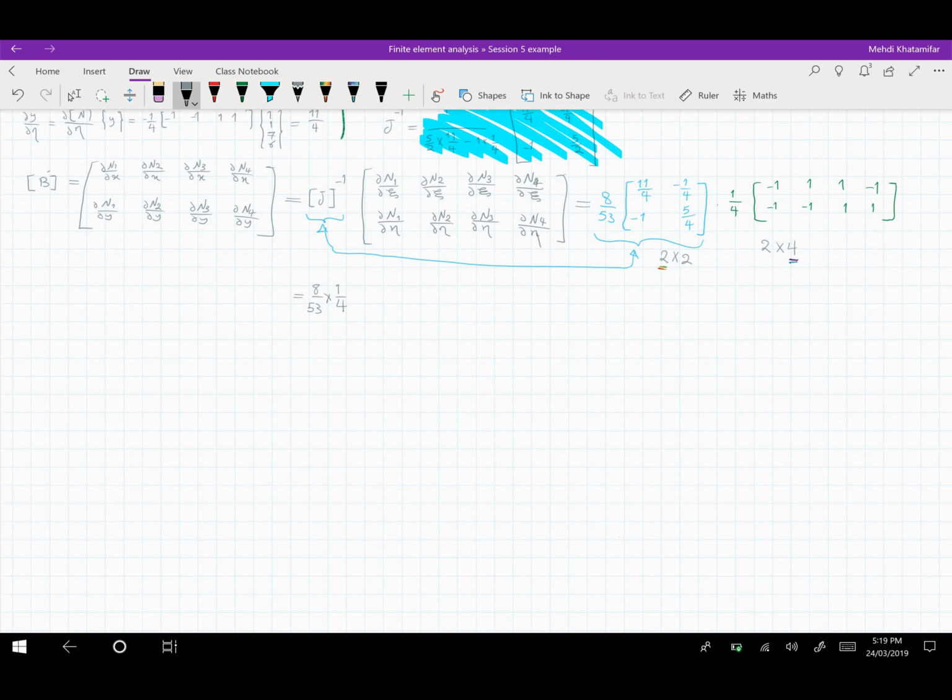Let's put the constant coefficients outside, and the other one is going to be 2 by 4. If you do the calculation, we are going to reach 5/2, 3, 5/2, minus 3, minus 1/4, minus 9/4, 1/4, 9/4. This is our matrix.